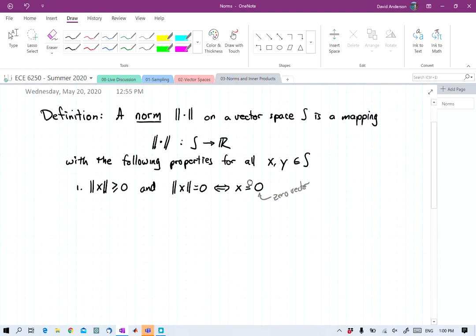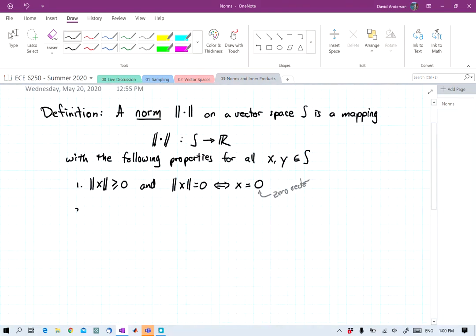Okay, so second, a few other relationships. One, if we add two vectors together, the resulting norm is going to be smaller than the sum of the individual norms of those vectors, and this is the triangle inequality.